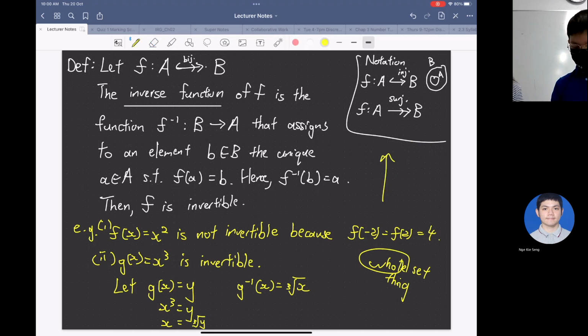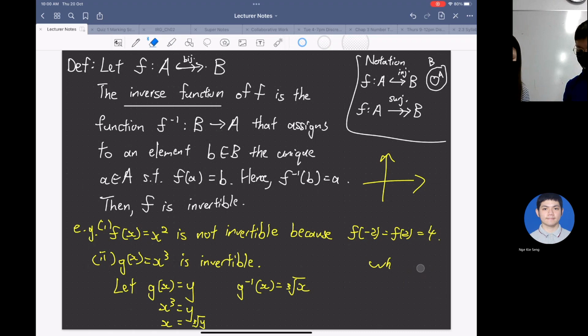It doesn't matter. I get the range, this is the range. These two conditions, and this is both.